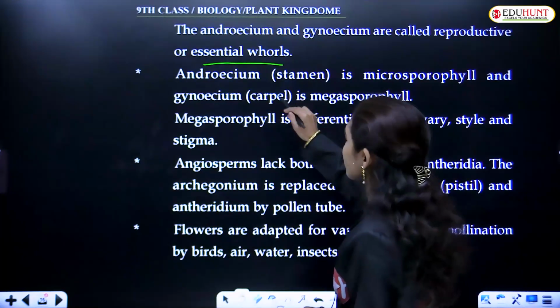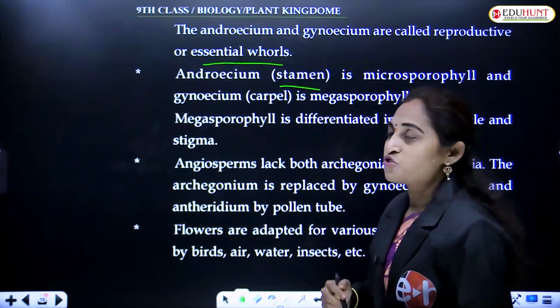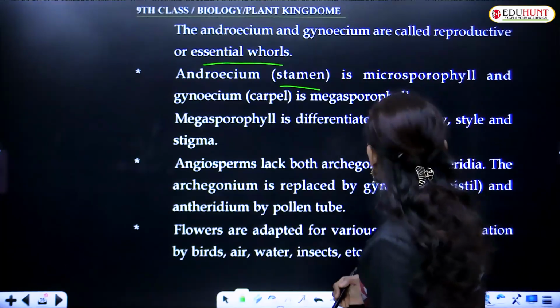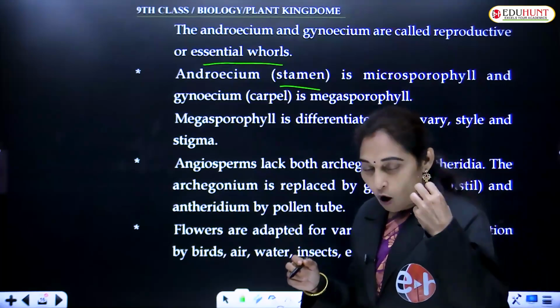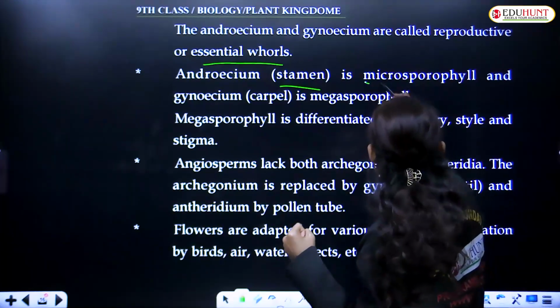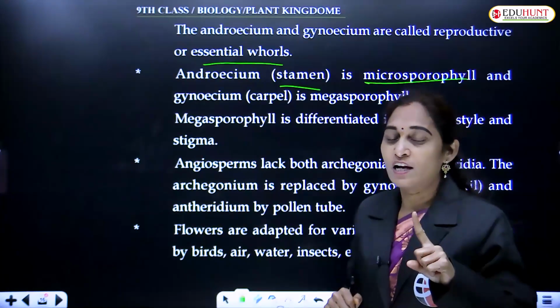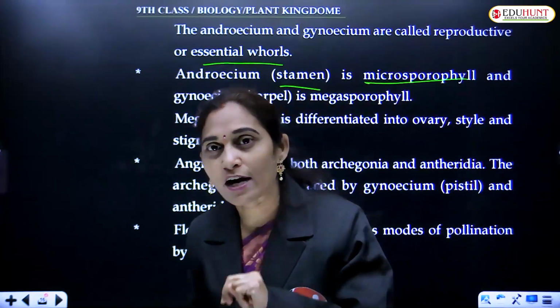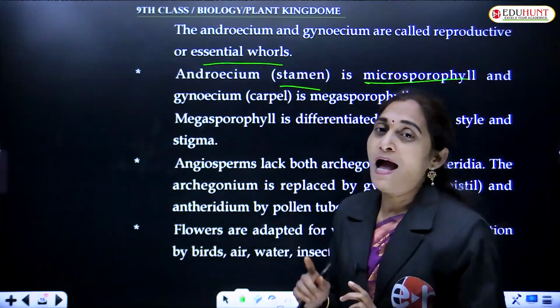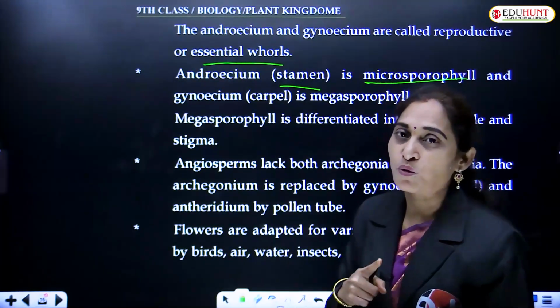In androecium, as we have mentioned, there are stamens, and androecium is formed from microsporophyll. Just as we saw microsporophylls and megasporophylls in gymnosperms, androecium is the modified evolved microsporophyll.